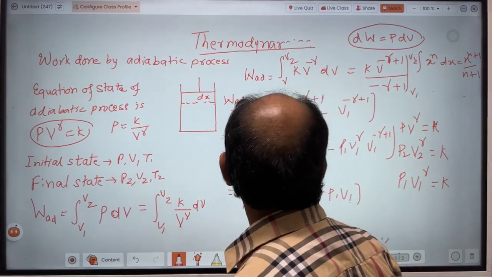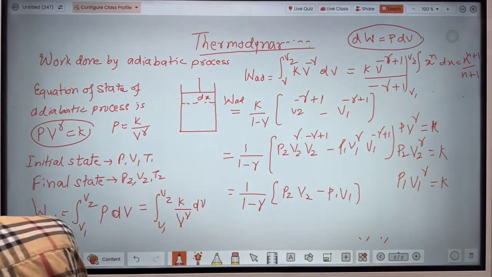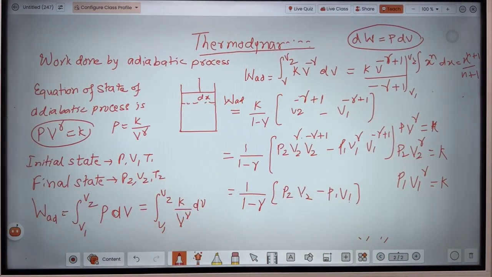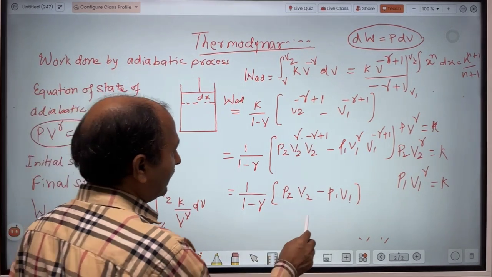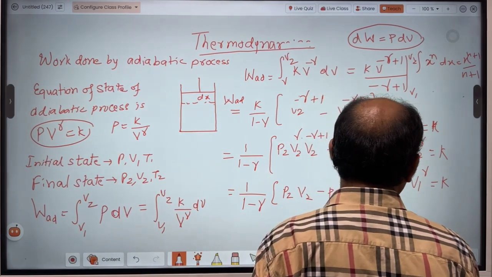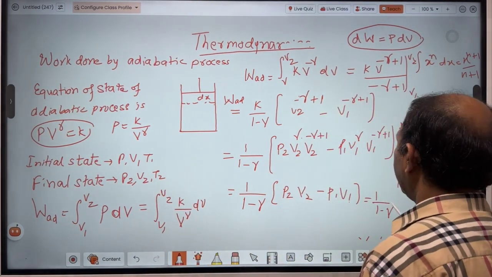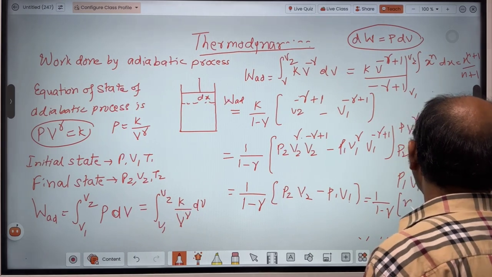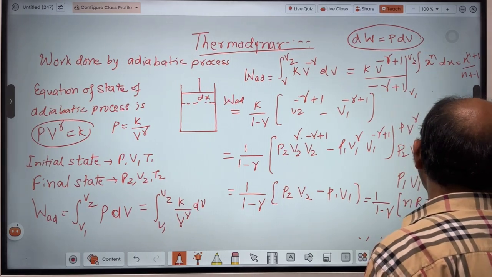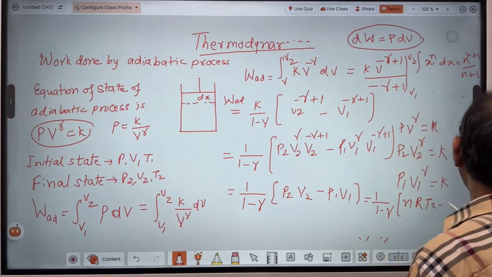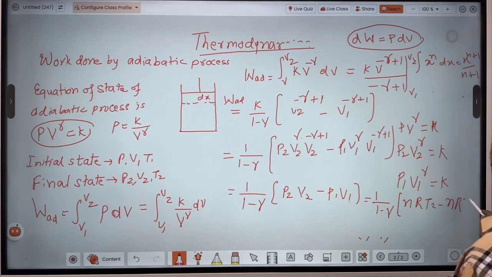So we have got this relation, and PV equal to nRT we can apply. So here P2 V2 will become nRT2. So we can write it like 1 upon 1 minus gamma, nRT2 minus nRT1, right?